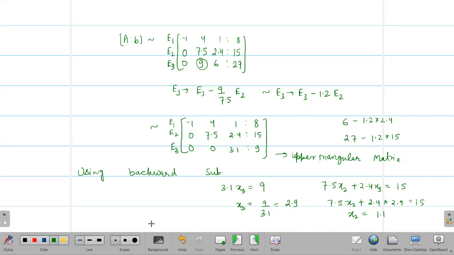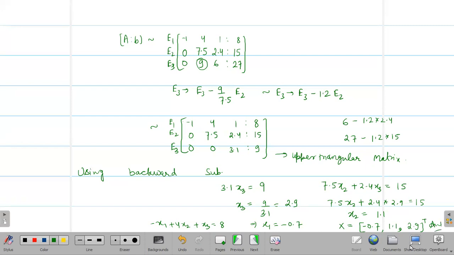From the first row you get minus x1 plus 4x2 plus x3 equal to 8. You put all the values here, and from that x1 will be minus 0.7. So if I write it together, it will be minus 0.7 for x1, 1.1 for x2, and 2.9 for x3, transpose.